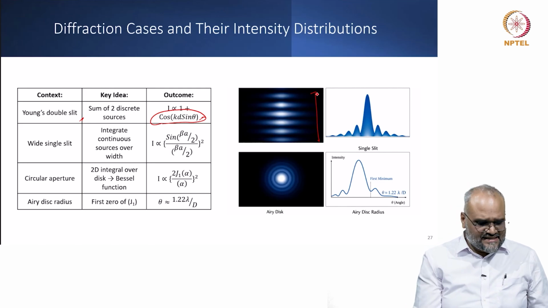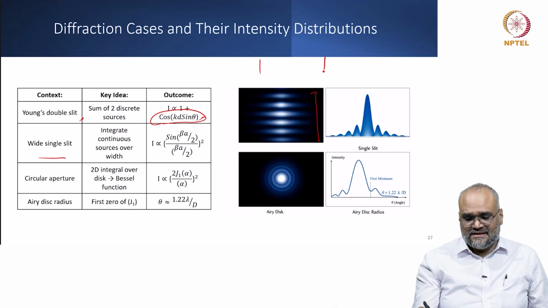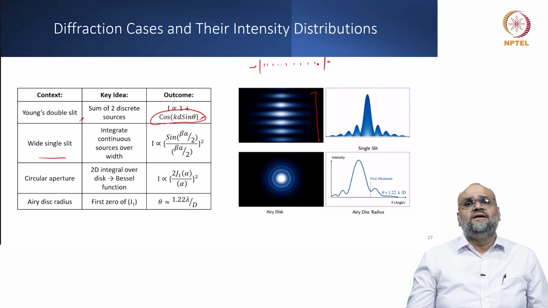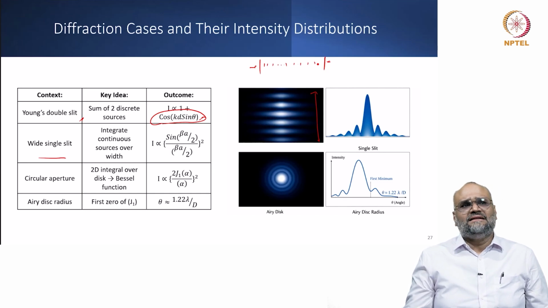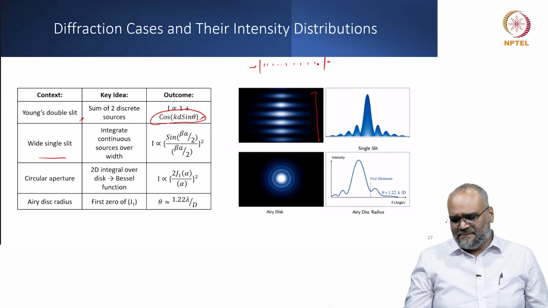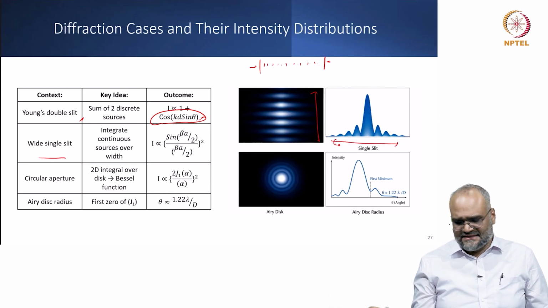When I have a single wide slit, I can think of it as a slit which is broken down to multiple infinitesimally small sources which propagate forward by the concept of Huygens wavelet and superposition of waves, and the intensity from a wide slit actually appears somewhat like this.